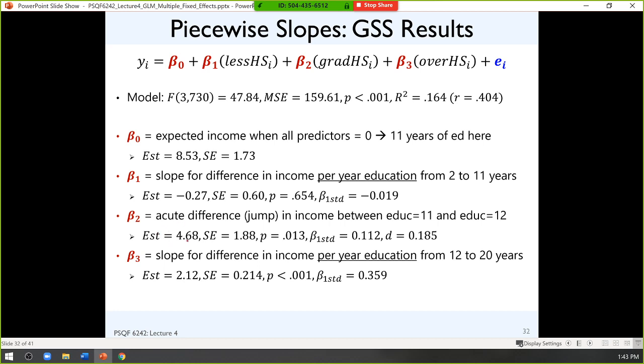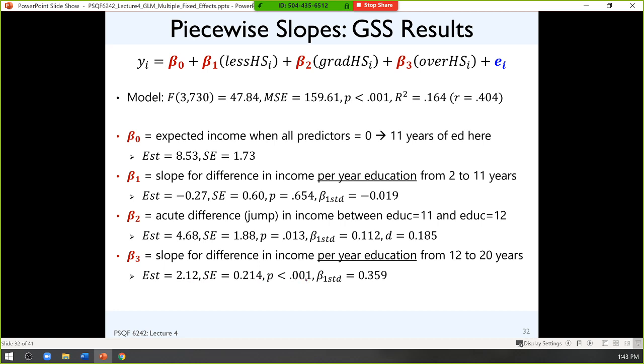Beta 2 is the effect of graduating high school. That is significant. So that is the difference between an 11th grade education and 12th specifically. That's a jump of about $4,600. And then after 12, the slope is 2. So it's another $2,000 per year after grade 12.